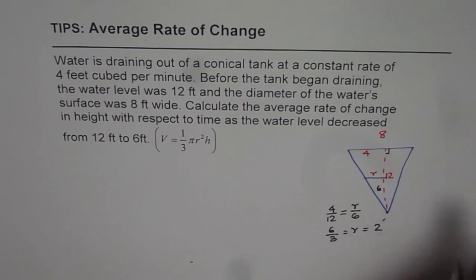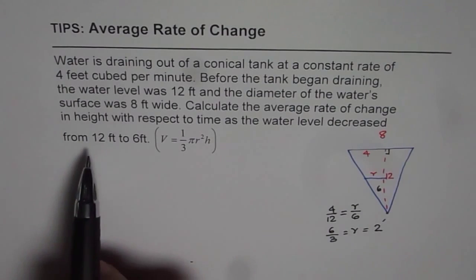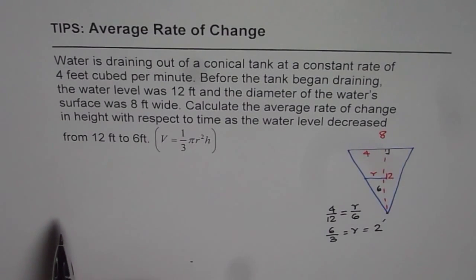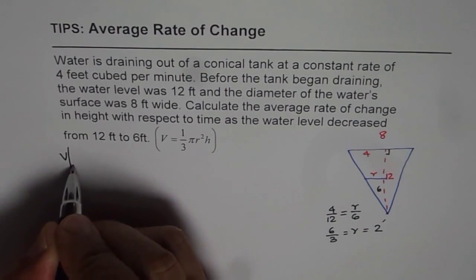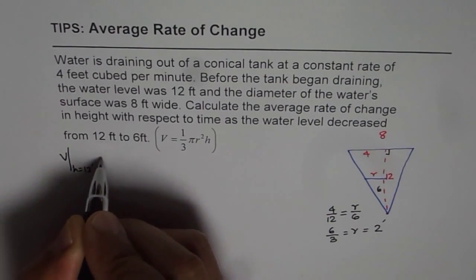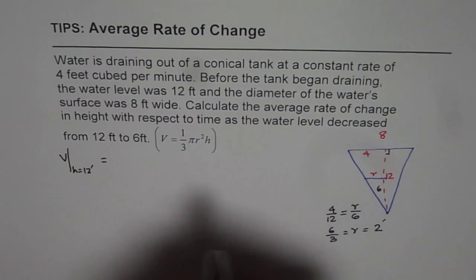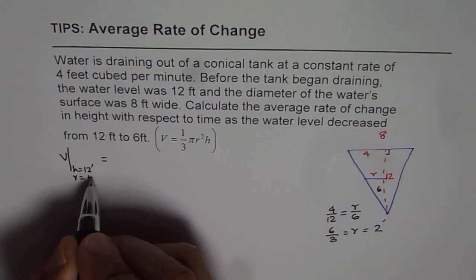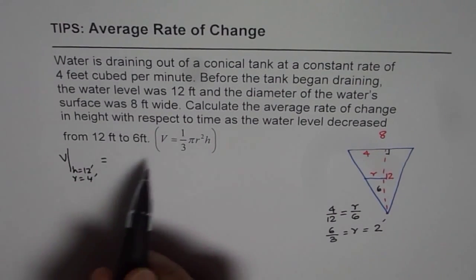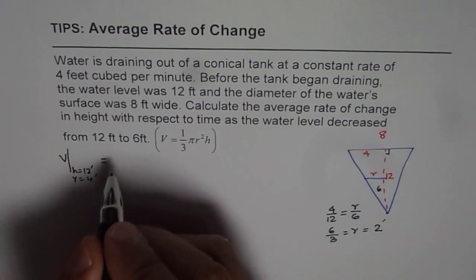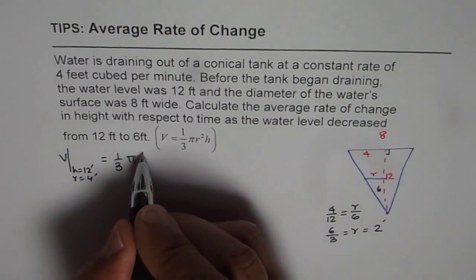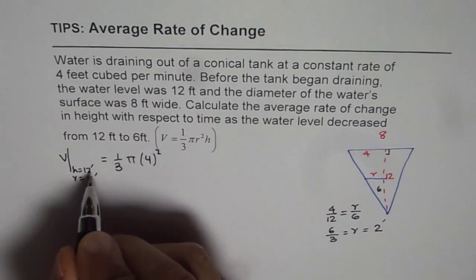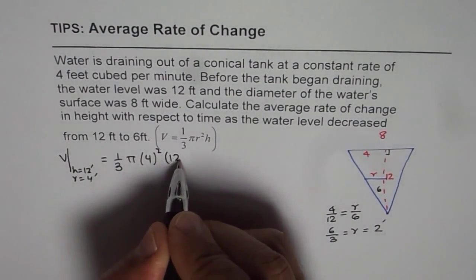Now this helps us to calculate the volume for 12 feet and 6 feet, right? So let us first calculate the volume when height is equal to 12 feet. So at that time we know radius is equal to 4 feet, right? So we'll substitute these values and calculate the volume, which is 1/3 pi, r is 4, so 4 squared, and height is 12, times 12.